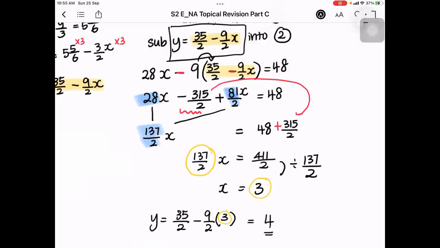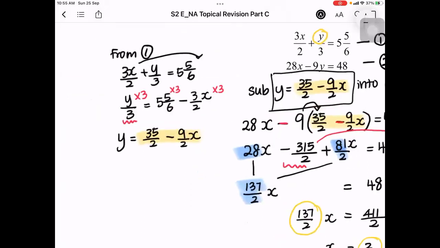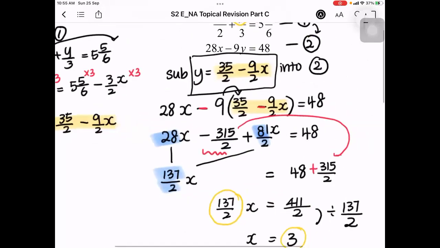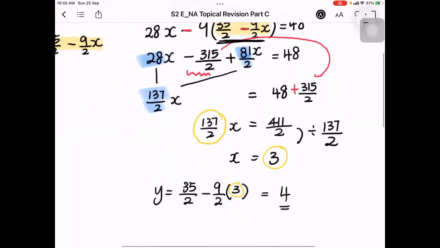Okay, so this one is solving simultaneous equations by substitution. First step, make something the subject, make y or x the subject. Second step, sub it into another equation. Replace it totally. Then expand, rearrange, then get the answer.